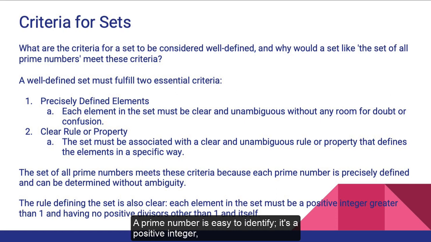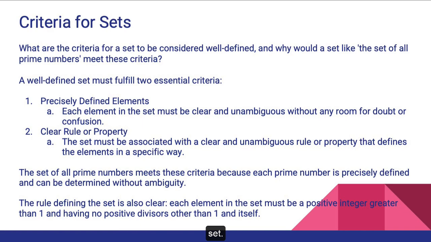A prime number is easy to identify. It's a positive integer greater than one that's only divisible by 1 and itself. This means each prime number fits our criteria, being both precisely defined and following a clear rule. This makes our prime number set a perfect example of a well-defined set.